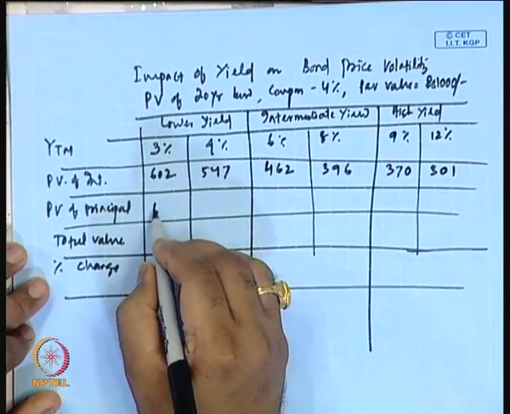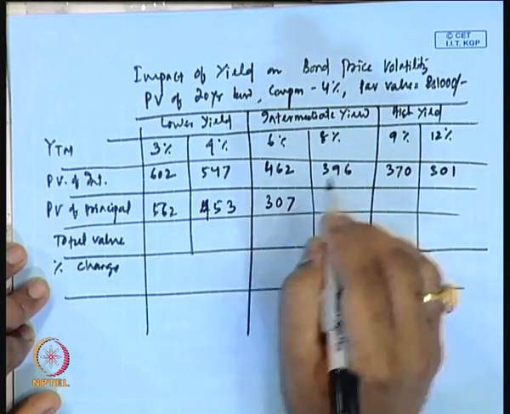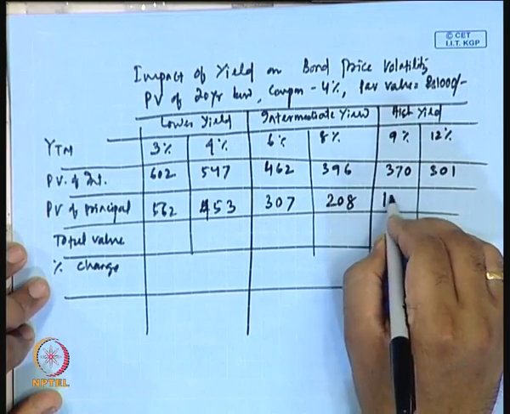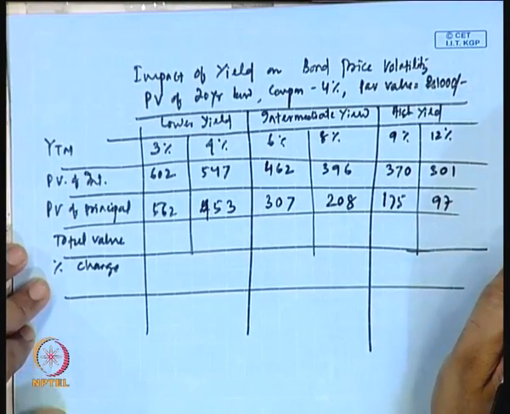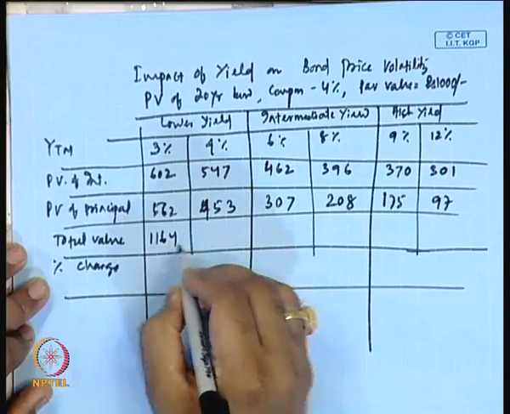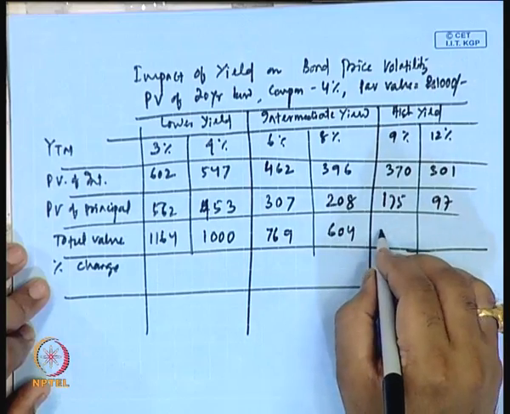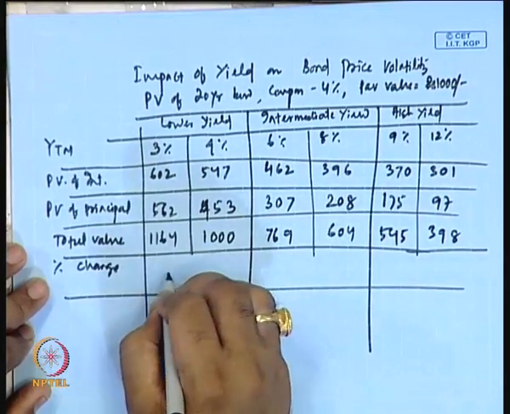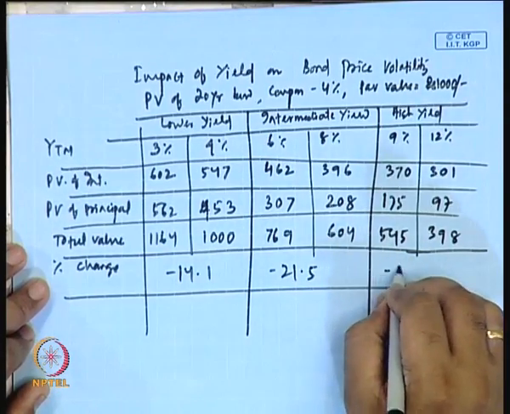Then present value of principal 562, 453, this will be 307, this will be 208, this will be 175, this will be 197, then this will be total, 1164, this will be 1000, this will be 769, this will be 604, this will be your 545, this will be 398, then percentage change is 14.1, this is minus 21.5, this is minus 27.